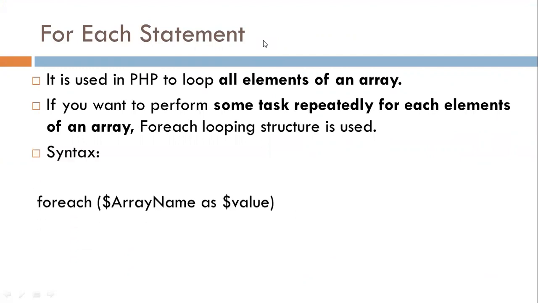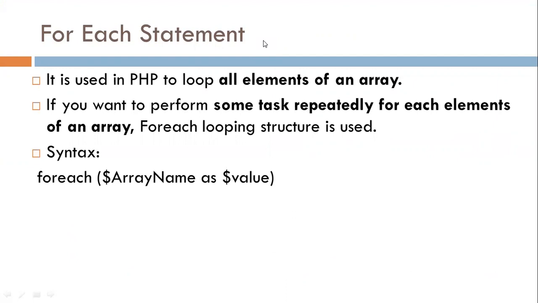The syntax of the foreach statement is like this: foreach in brackets $array_name as $value. $value is any variable name. Then in opening and closing brackets, write the code which you want to execute repeatedly for each element of the array.